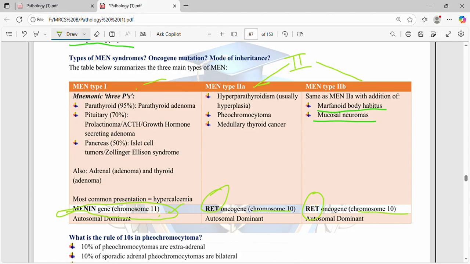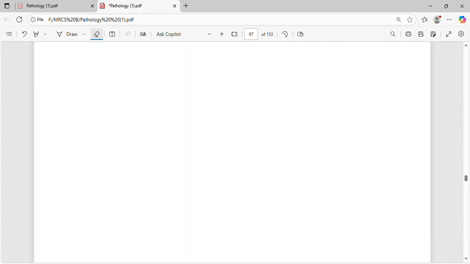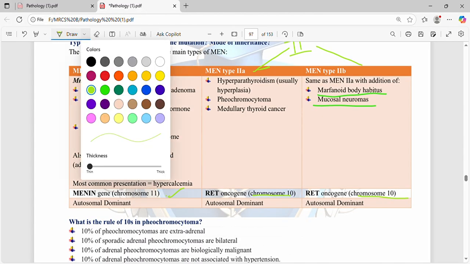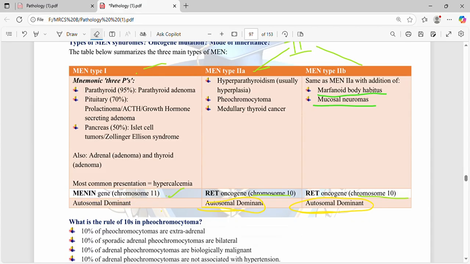All three of them are inherited in an autosomal dominant manner. Okay, now we study the details.